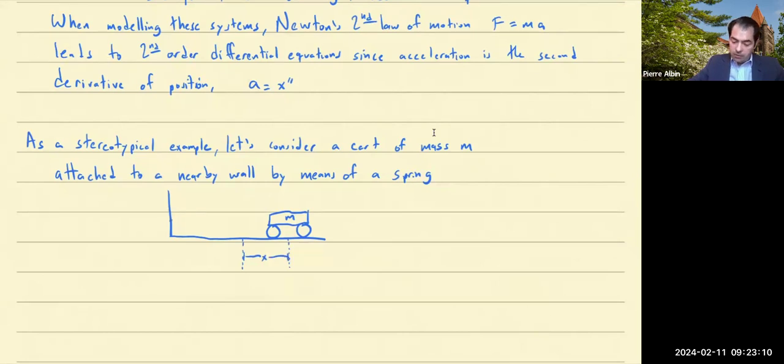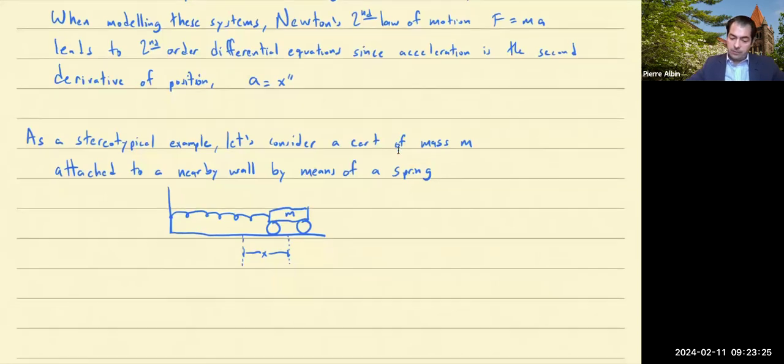And here let's suppose that it's attached to a wall by the spring. Okay, so the spring would exert no force when we're in equilibrium.